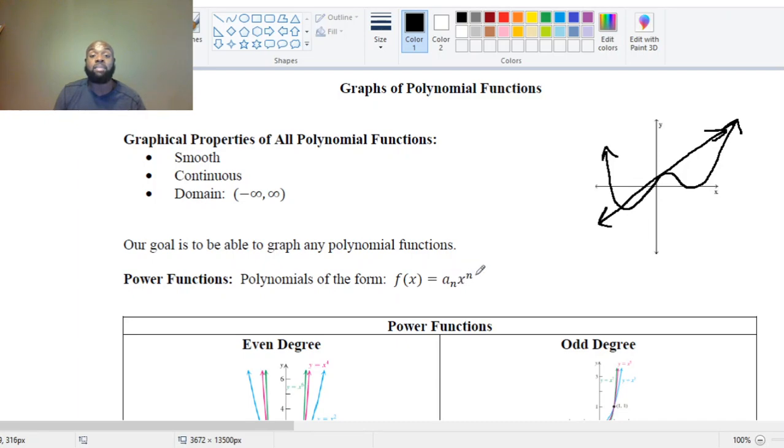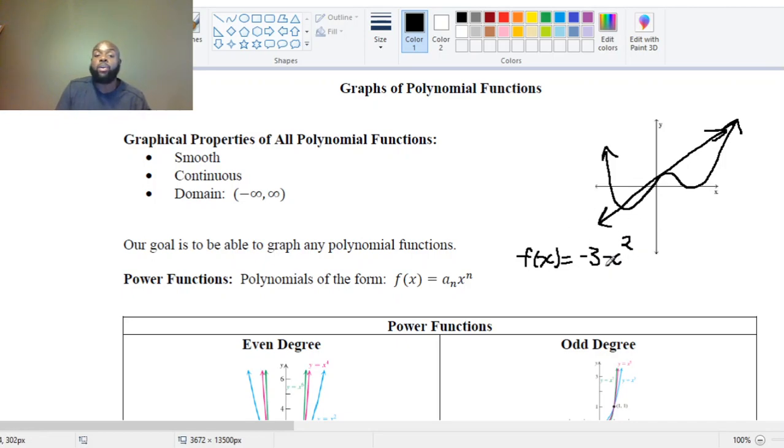So a sub n times x to the n, when n is a positive whole number, we call a function that just has that form a power function. For instance, the function f of x equals negative 3x squared is called a power function.